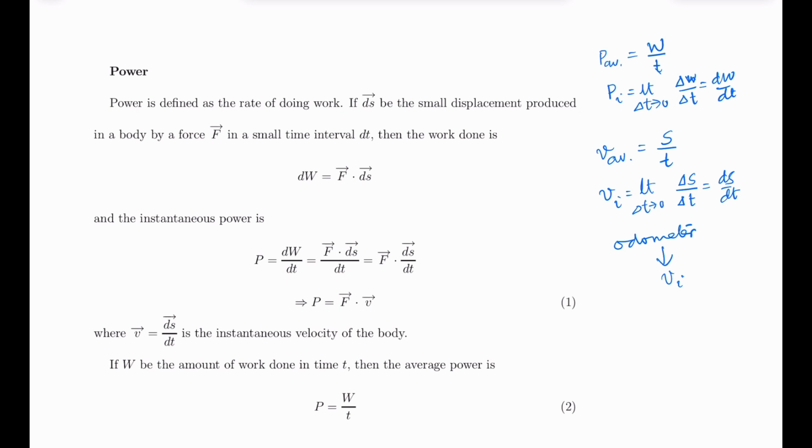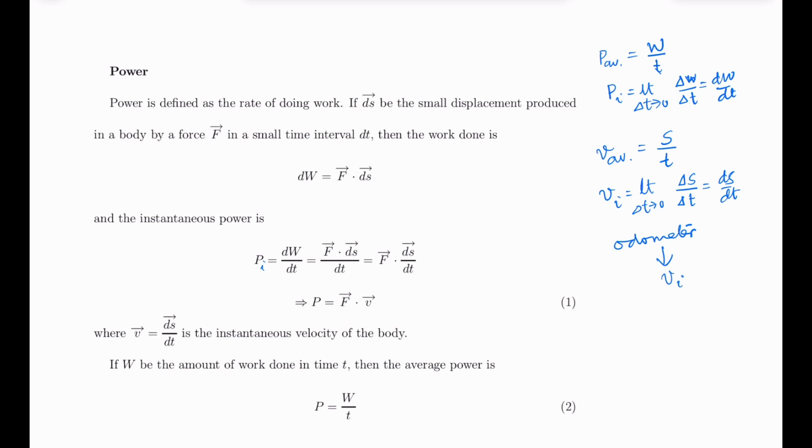अब आइए हम देखते हैं how we define power. If ds be the small displacement produced in a body by a force F in a small time interval dt, then the work done dw is F dot ds. This comes from the definition of work done. So the instantaneous power will be dw upon dt. जैसा हमने देखा यहाँ पहले अभी.